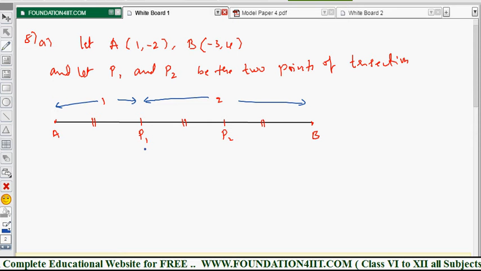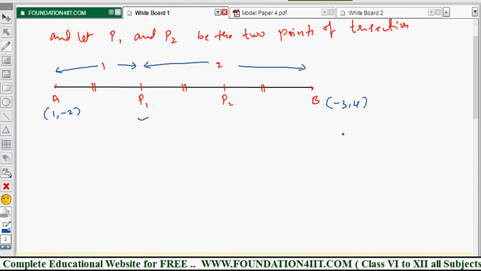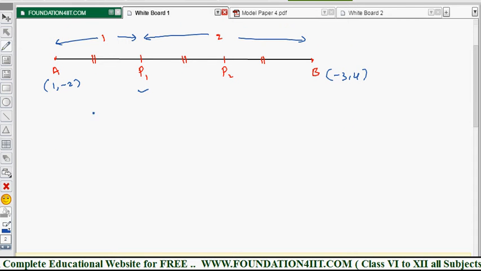So let us find P1 first. P1 divides the line segment AB in the ratio 1 is to 2, so we can use the section formula. A is (1, -2) and B is (-3, 4). We'll use the section formula for this 1 is to 2 ratio.